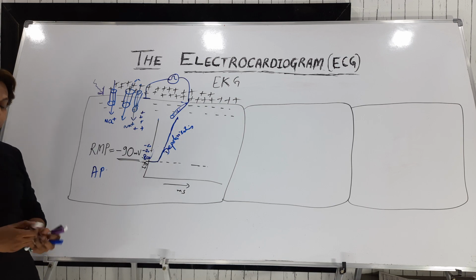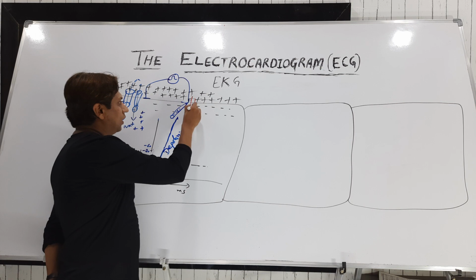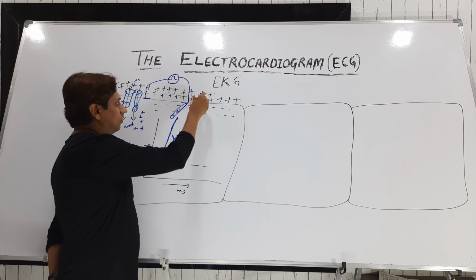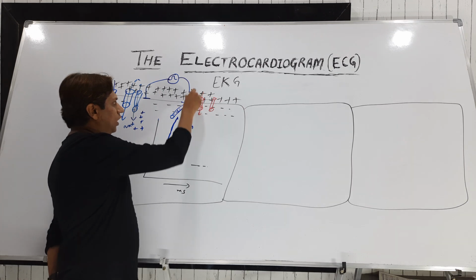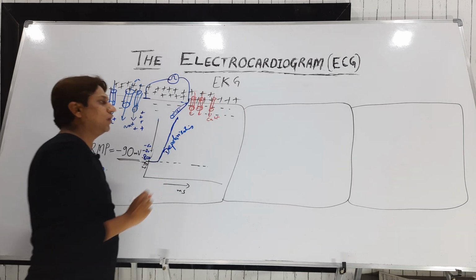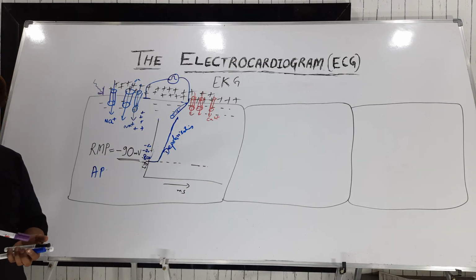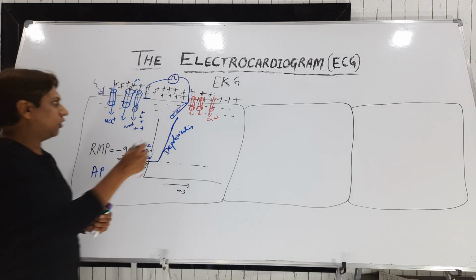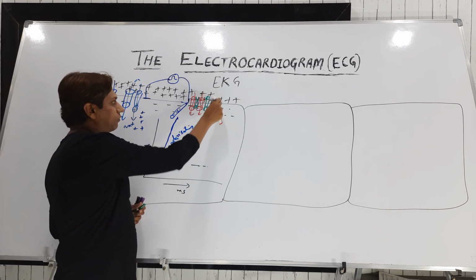Now there is opening of the calcium channels. This red color channel is the calcium channel. These calcium channels will again lead to an increase in the positivity of the cell. Simultaneously, there is also opening of the potassium channels. With this green color, what I am drawing is the potassium channels.